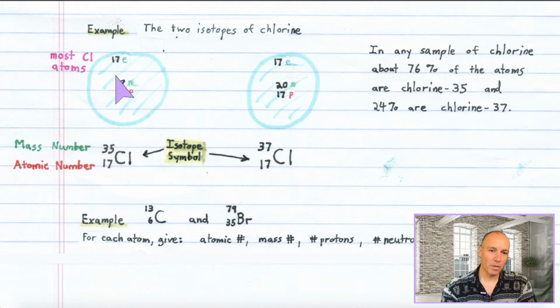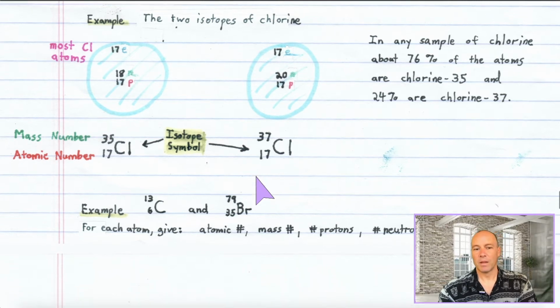So this particular atom with 17 protons and 18 neutrons has 35 massive particles. And the other one has 37. So the other isotope symbol looks the same except for the mass number. So for every isotope you can write a corresponding isotope symbol.